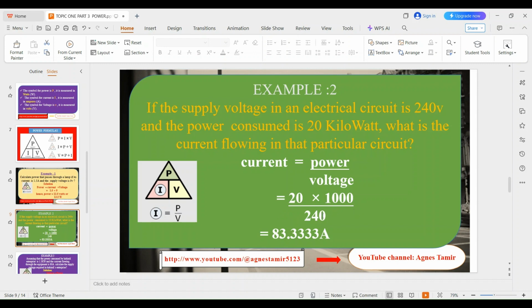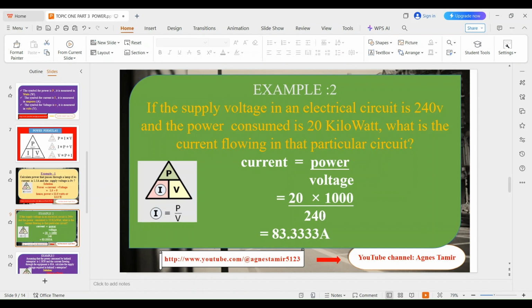When you take your calculator and key in 20 times 1,000 divided by 240, our answer will be 83.333 amperes.